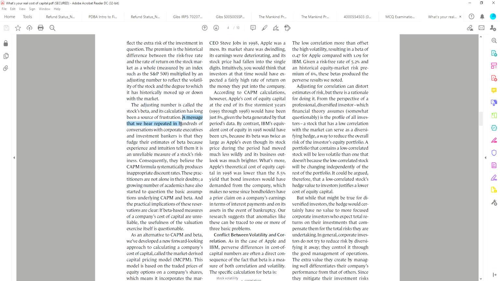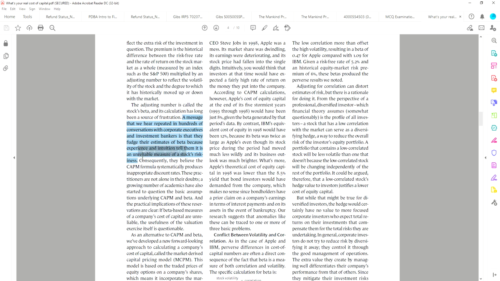The message that we hear repeated in hundreds of conversations with corporate executives and investment bankers is that they fudge their estimates of beta because their experience and intuition tells them that beta is an unreliable measure of stock riskiness.